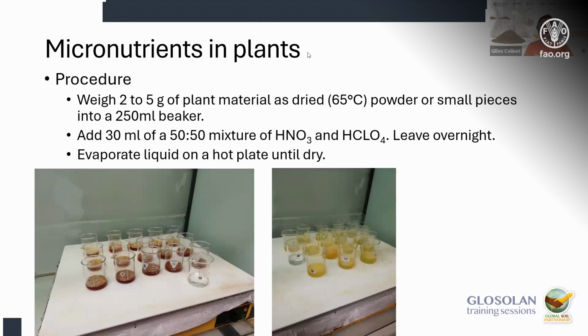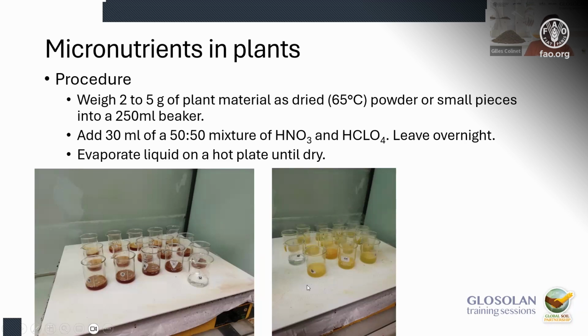So 2 to 5 grams, usually dried at 65 degrees centigrade maximum, and then crushed into powder or cut in small pieces. Put in beakers. We add 30 milliliters of the mixture of HNO3 and HClO4. We leave overnight, and then we put on a warming plate here, in order to evaporate the liquid until it is dry.